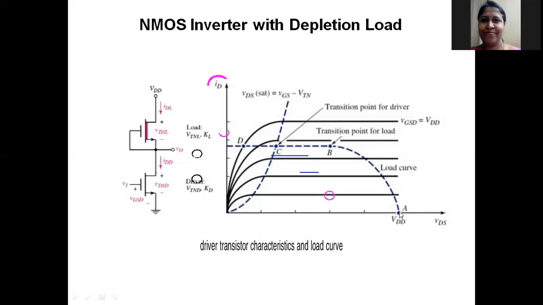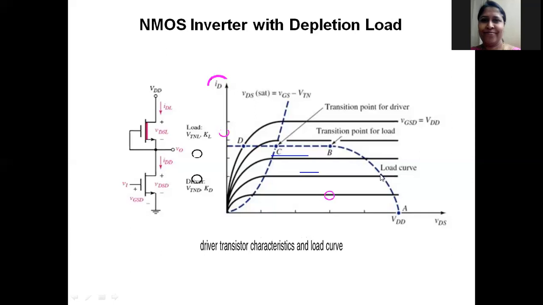This is the starting point. Wherever this blue curve, the IDS curve for the depletion device, meets the IDS curves for the enhancement device, that forms the operating points for the inverter.